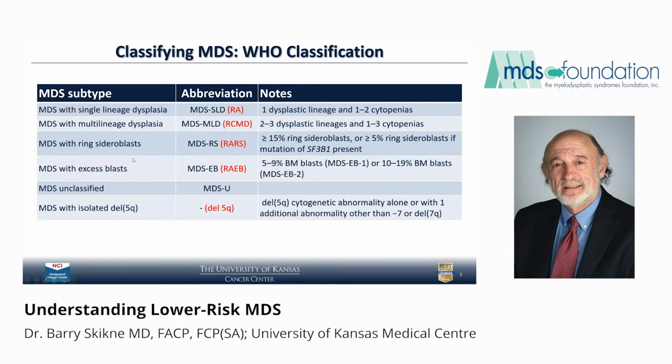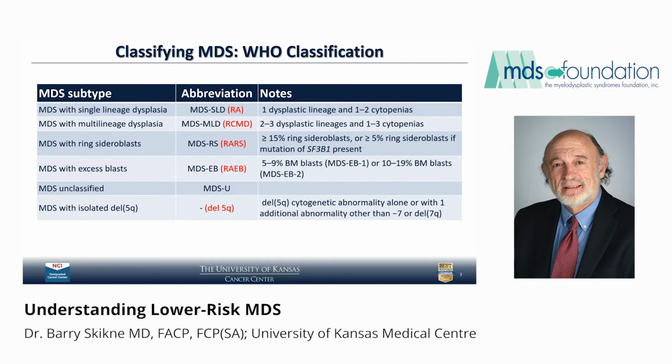So the next one is MDS with ring sideroblasts, or MDS-RS, and in this classification, one would need at least 15% of the red cell precursors having ring sideroblasts around the nucleus, and I'm going to show some pictures of that later on.